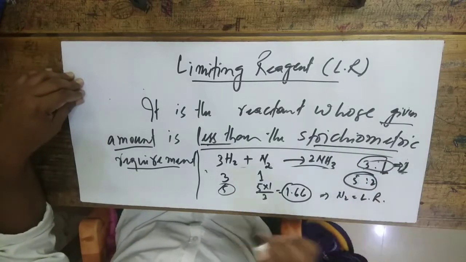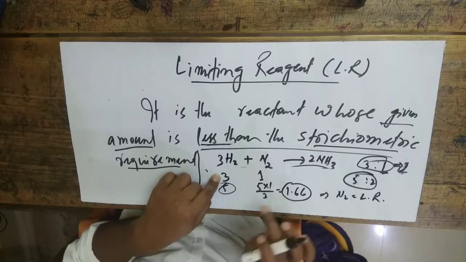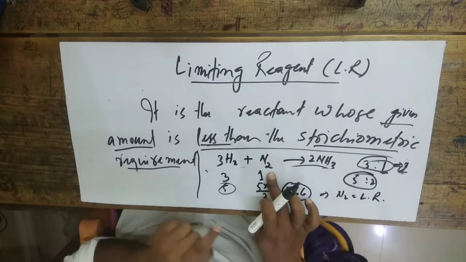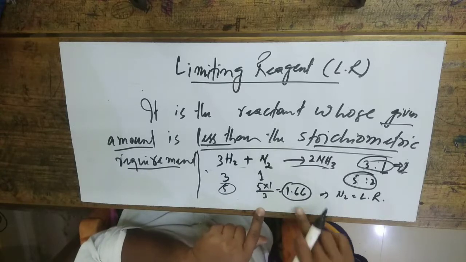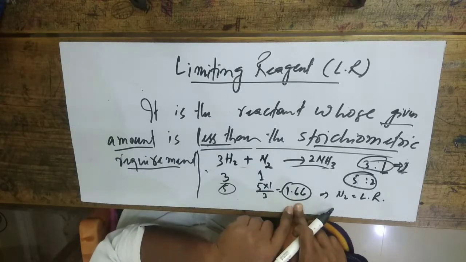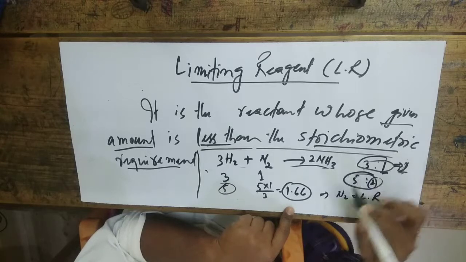The stoichiometric requirement is 3:1. For 3 mole, 1 mole is required, and for 5 mole, 5 into 1 divided by 3, that is 1.66 mole of nitrogen is required, but we are given more than this amount.